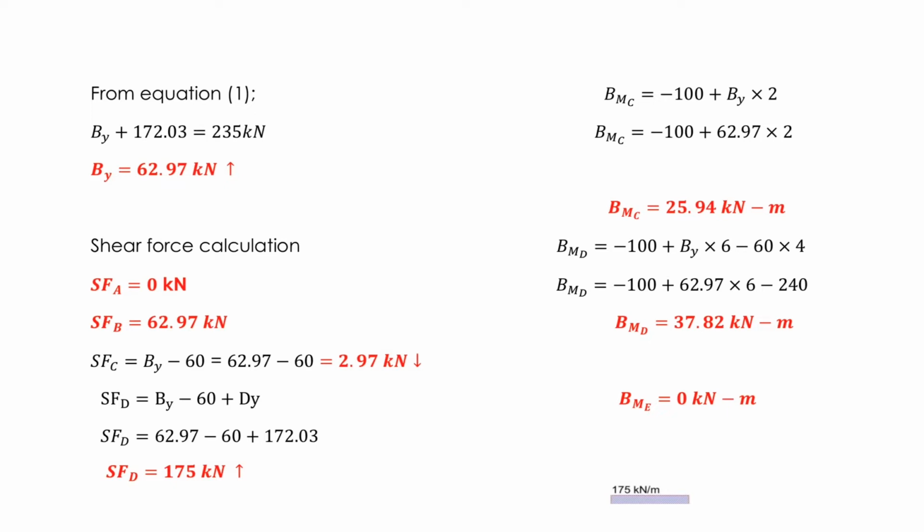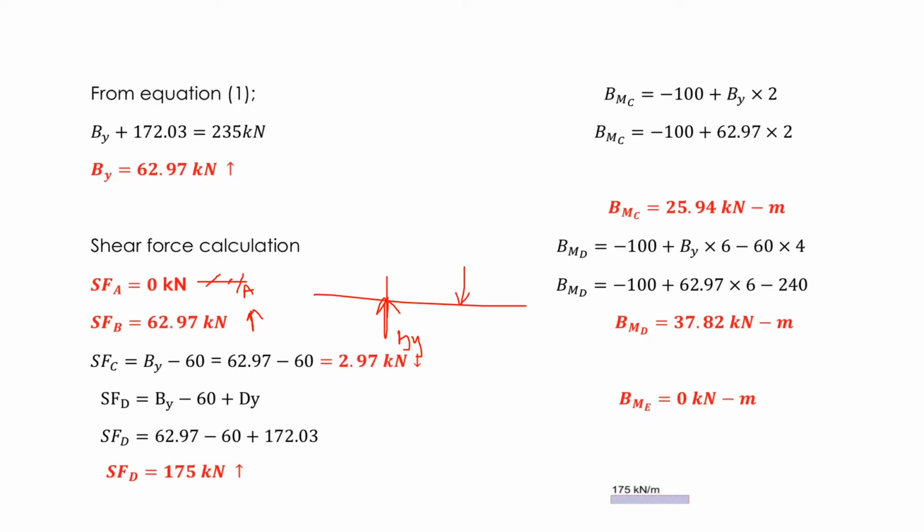Shear force calculation: shear force at A is 0 normally, because there are no supports acting on shear force at A, and shear force at B is the same as By acting upwards, 62.97 kN. The shear force at C is By negative, Cy going downward. So at CB, 62.97, and then 60 is going downward, so it should be positive.